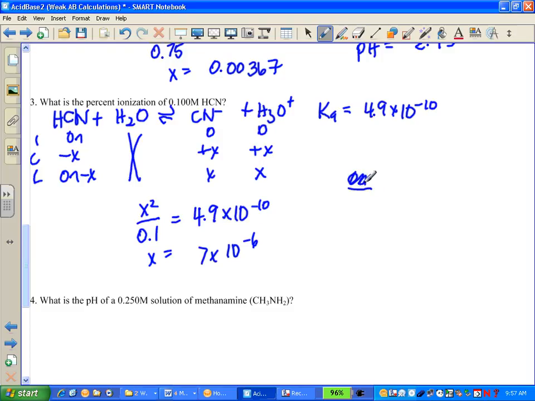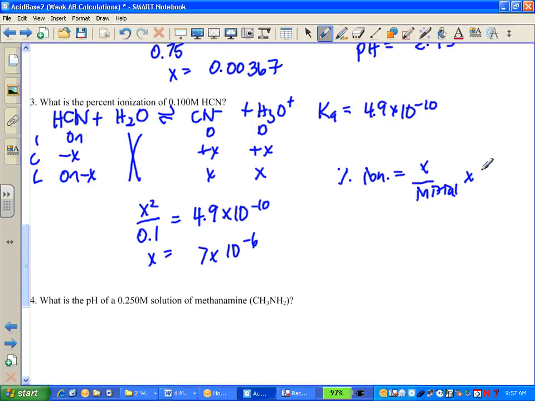it's going to be the change, or the X value, divided by the initial concentration.